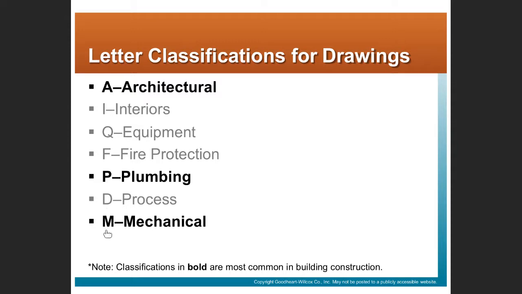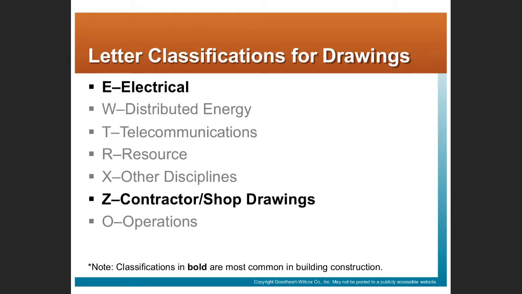Mechanical will be the heating, ventilating, and air conditioning. E for electrical, again, I mentioned typically the fire alarm will be there, the power, the lighting, the receptacles, any equipment.